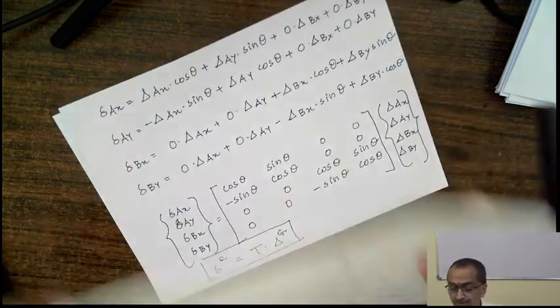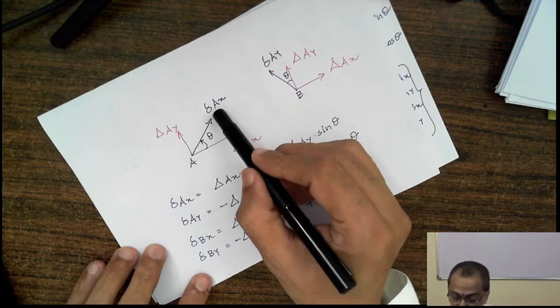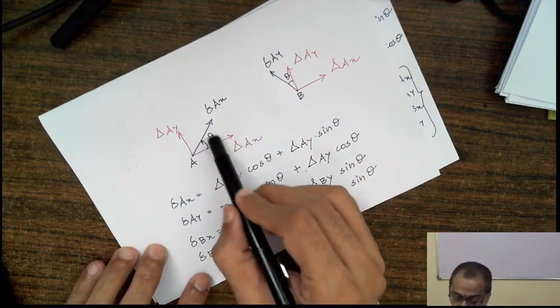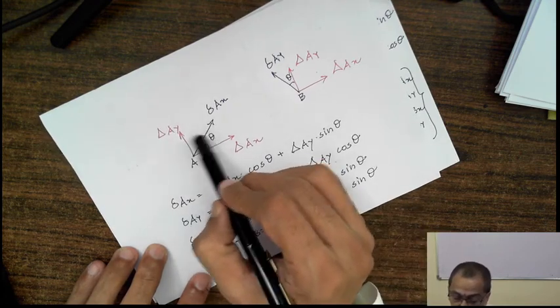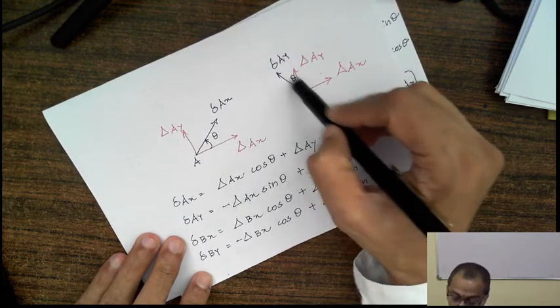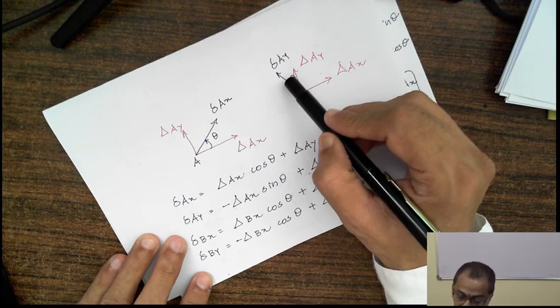So we need to establish a relationship between global displacements and these local displacements. Using simple principles of mechanics, we have derived that the local displacement del AX is equal to delta AX cos theta, the cos component since this angle is theta, and sin component del AY sin theta. Whereas the local displacement del AY in y direction is equal to minus delta AX sin theta and delta AY cos theta.